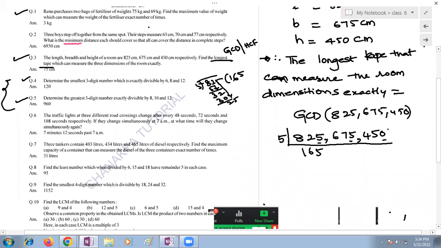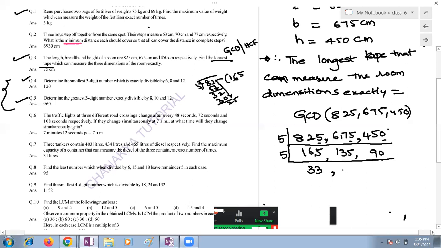We can do it by short division also. 5 ones are 5, left is 3, then 30, 5 6s are 30. Then 25, 5 5s are 25, 165, 5 9s are 45. This time also 5 only, because the last digit is 5 or 0, so we use 5 as a divisible factor. 5 3s are 15.